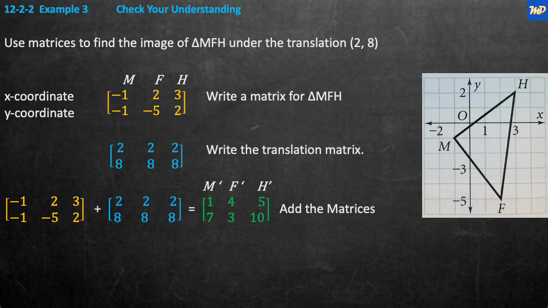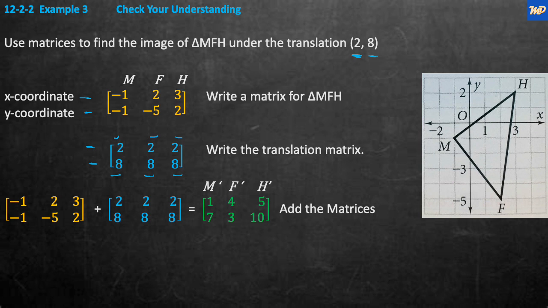We put in the 2's for the x, and all 8's for the y's. X on top, y on the bottom. So the y's got 8's in the translation.